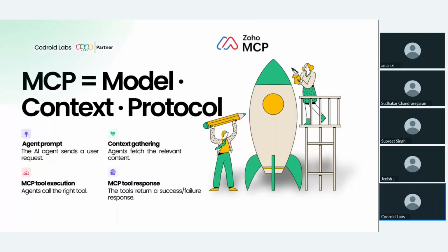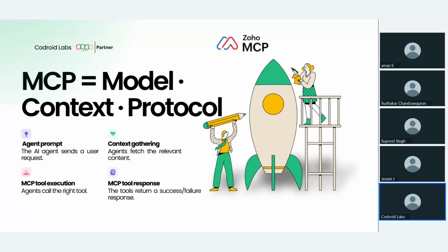So why are we using the Model Context Protocol? Because of AI agents, you currently see lots of activity in the market, like GitHub also providing them.